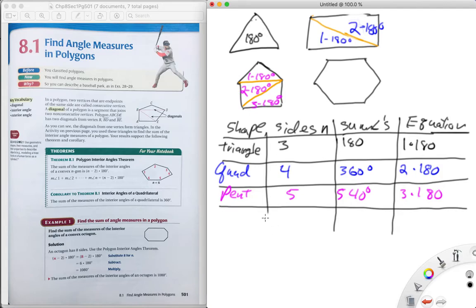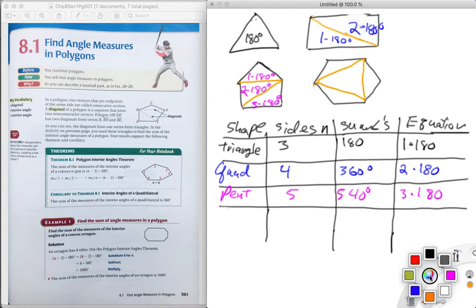And if I was to have a hexagon, I would have 1 triangle here, 2 triangles here, or 2 diagonals, and then 3 diagonals here.